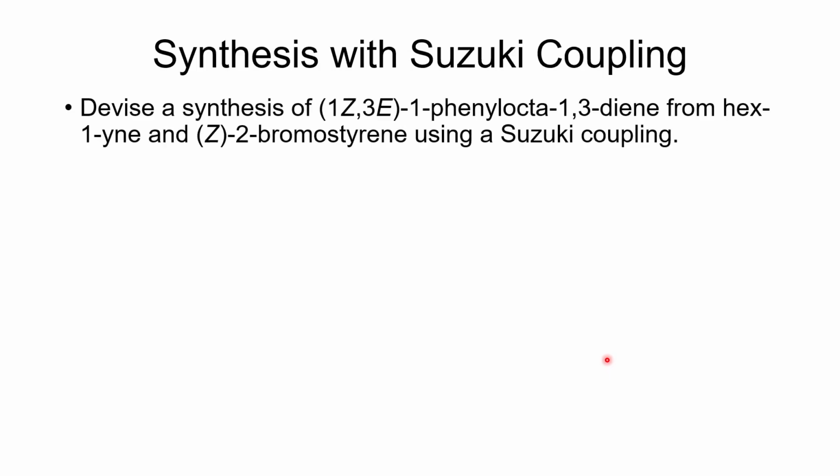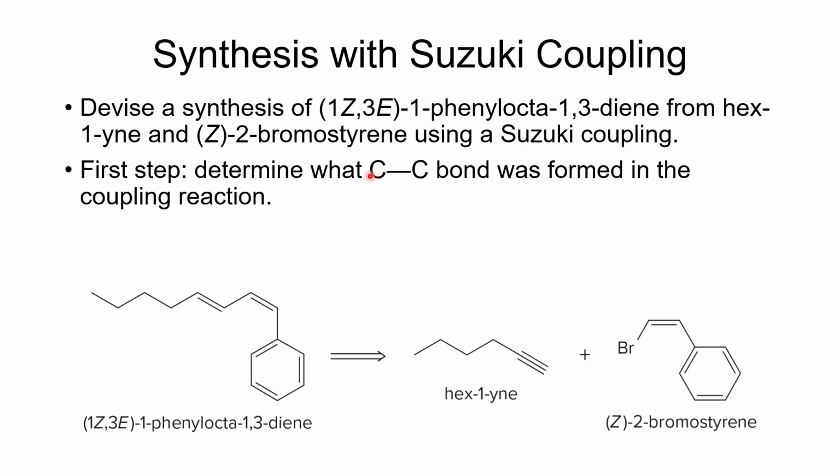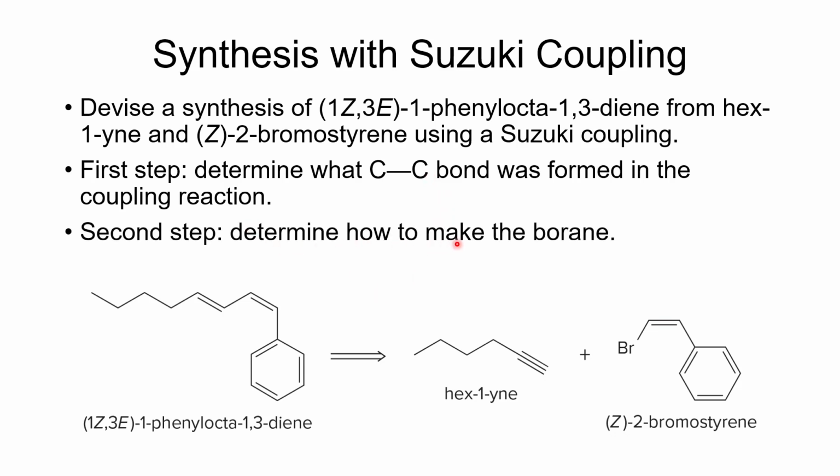So when we're doing synthesis with the Suzuki coupling, the very first step is going to be to determine what new carbon-carbon bond was formed. Once you know what new carbon-carbon bond is formed, one half of it is going to be your alkyl halide or aryl halide or vinyl halide or whatever, and the other half is going to be the borane. And so determine how to make that borane.